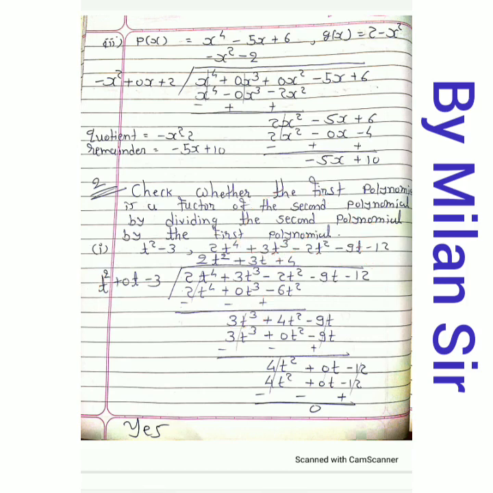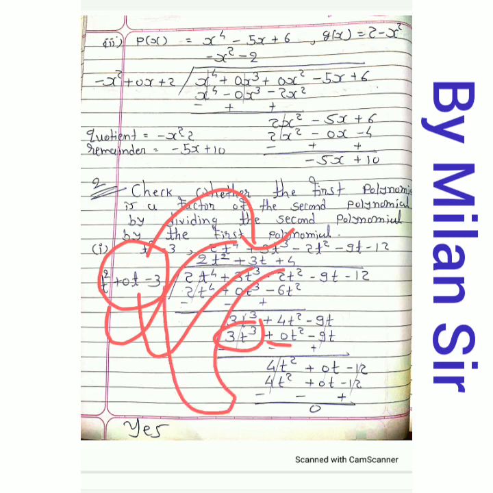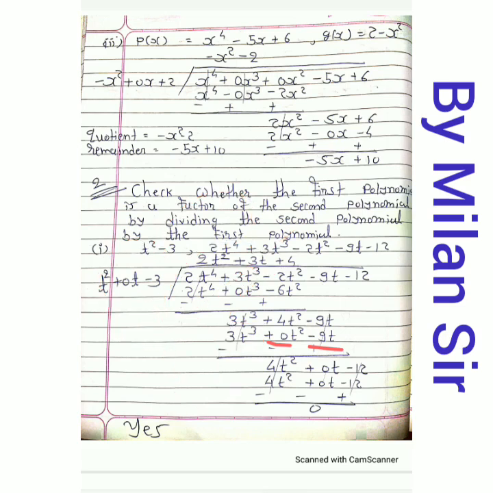Now we need to multiply the whole polynomial by 3t, so t square with 3t is 3t cube, then 0t with 3t is 0, and t square into plus 4, sorry, minus 3 with 3t, minus plus minus minus, 3 threes are 9 and t as a variable as it is.